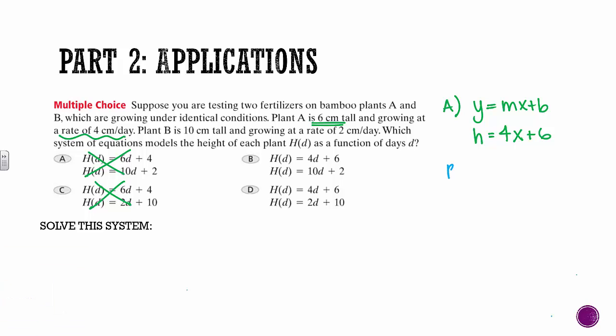So then our second plant, plant B, starts off at 10 centimeters tall. So that's my y-intercept, and it grows 2 centimeters per day. So we can see that D is our system of equations that models this situation.